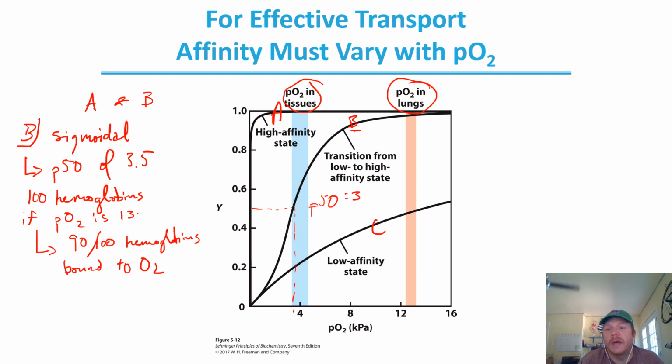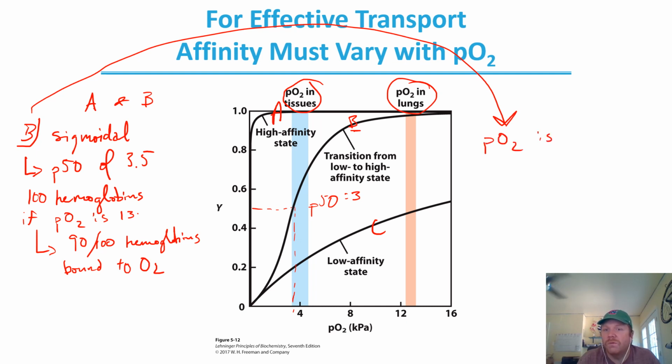That means that 10 of those hemoglobin proteins are not bound to O2. Now let's say that B goes into an environment where the PO2 is about 4. What that means is that of those 100 hemoglobins, only about, let's say, 55 have O2 bound.